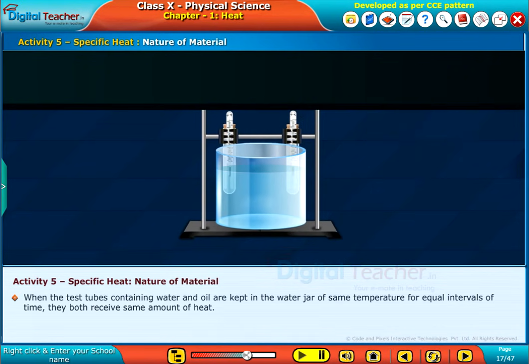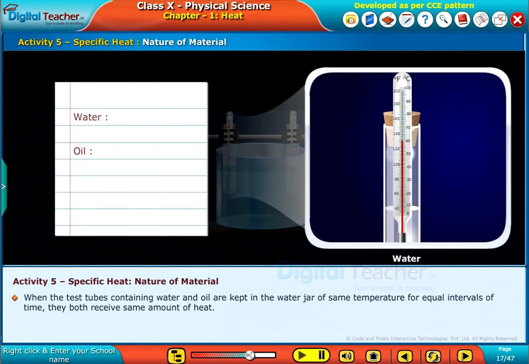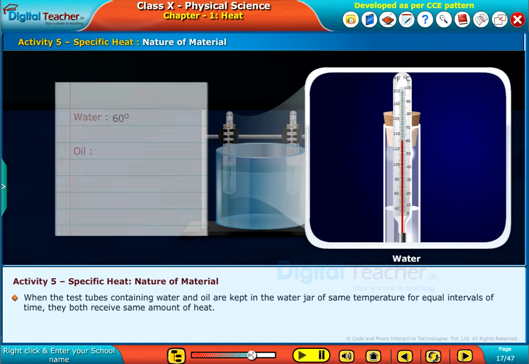When the test tubes containing water and oil are kept in the water jar of same temperature for equal intervals of time, they both receive same amount of heat.